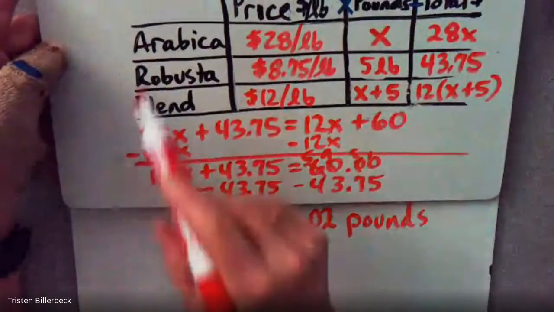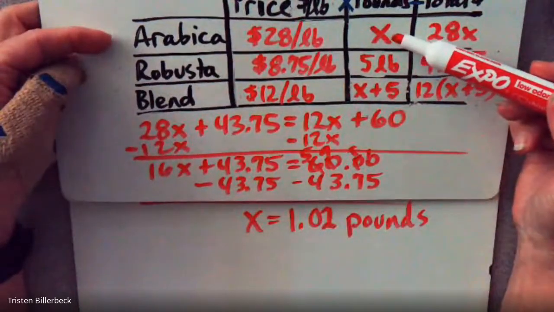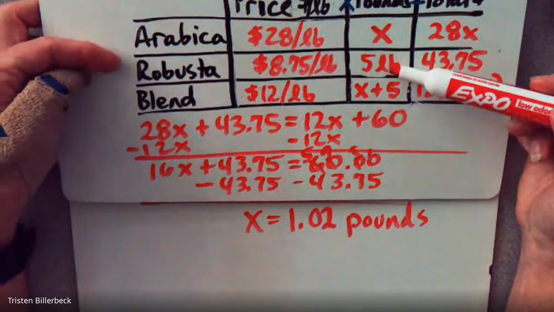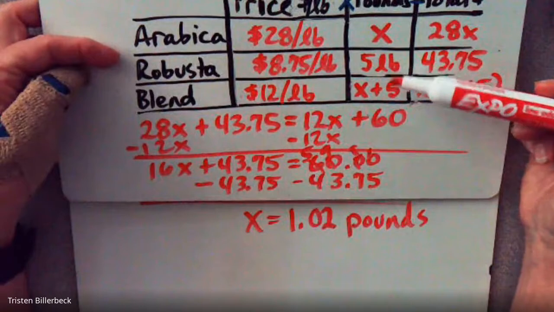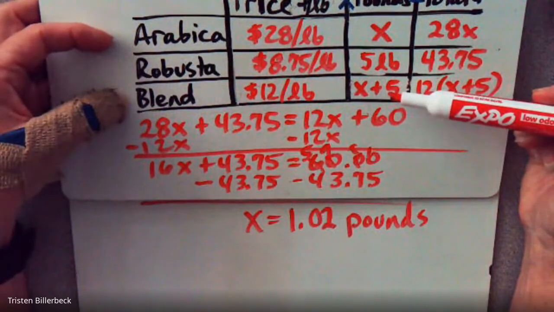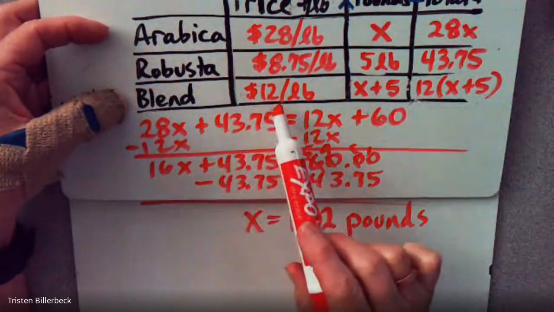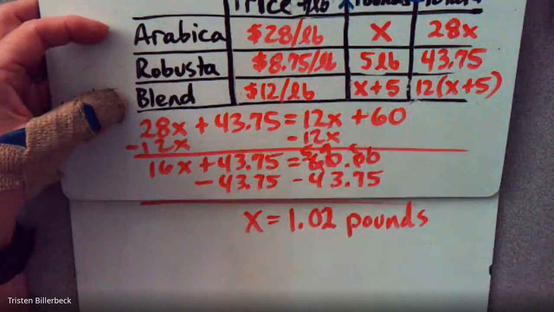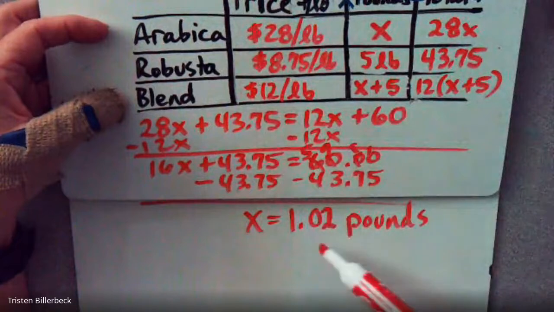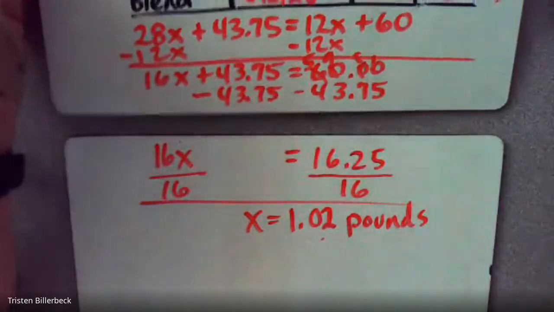So we're going to use 1.02 pounds of Arabica coffee to mix with 5 pounds of Robusta coffee to make 6.02 pounds of the blend for $12 a pound. So that's how many pounds of Arabica coffee. So 1.02 pounds. So there you have it.